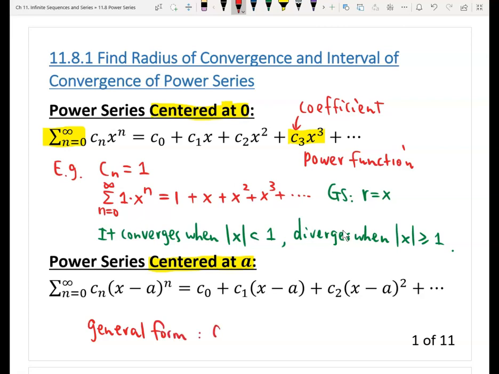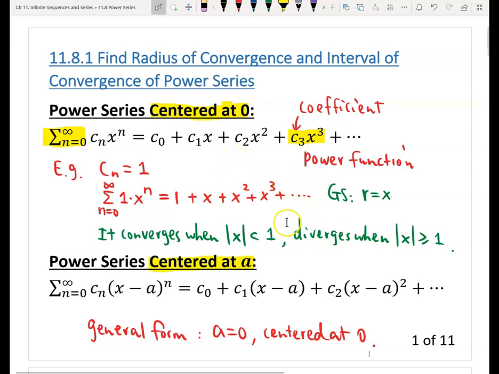And if we take a equals 0, what do we have? x minus 0 is x. So this power series goes back to centered at 0, right? Therefore, it goes back to the first special case.